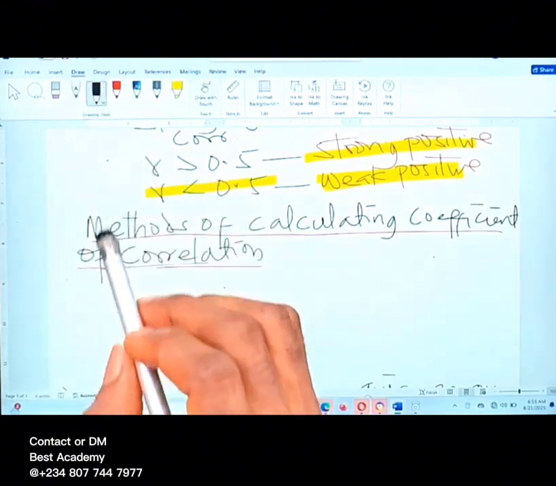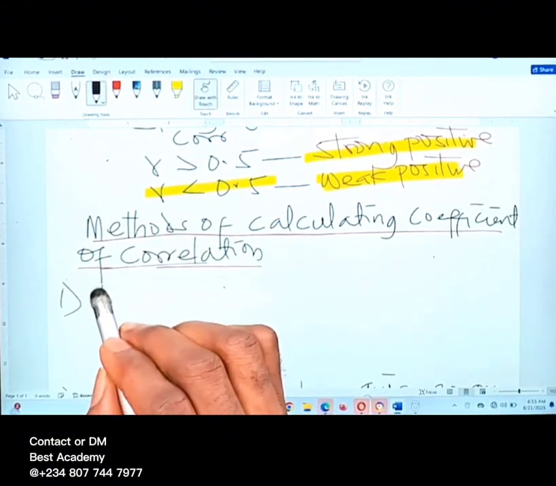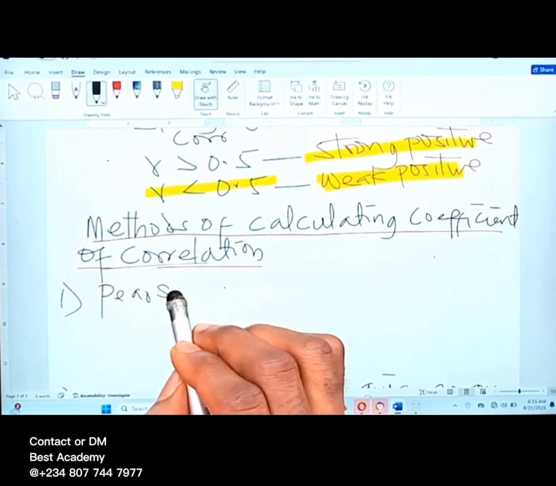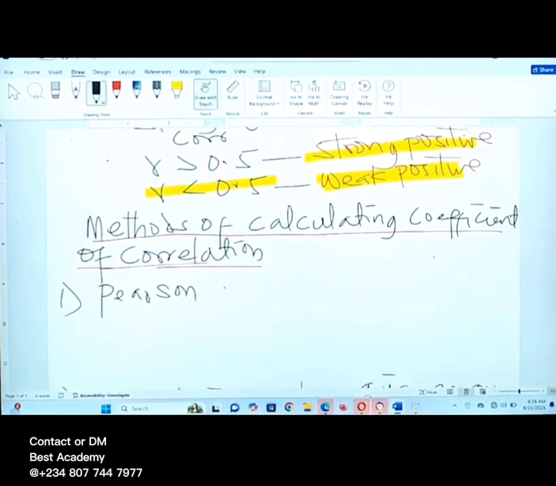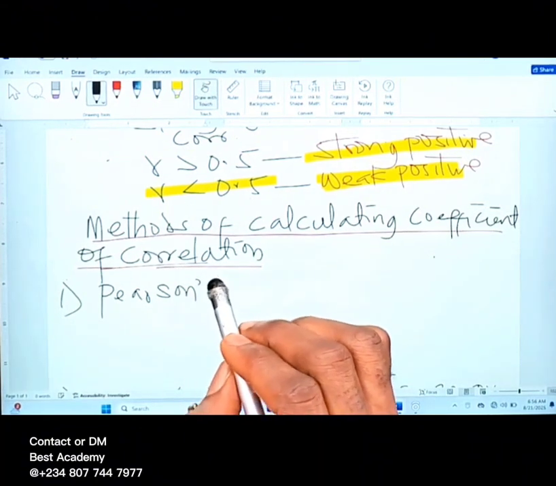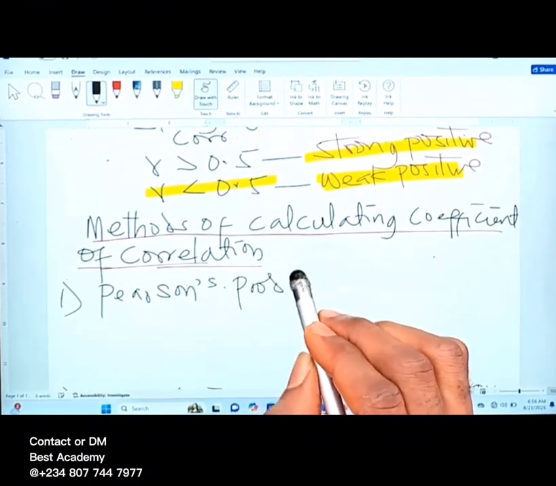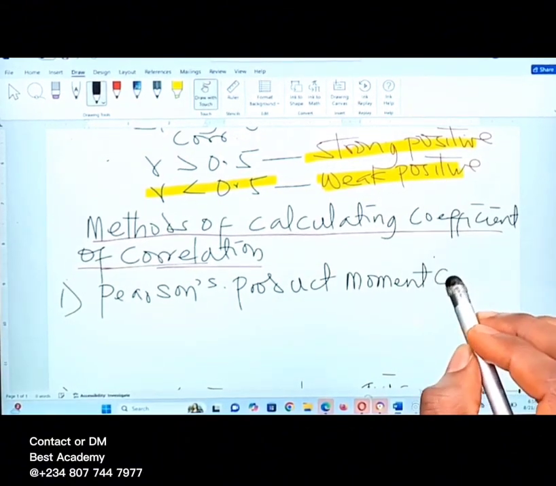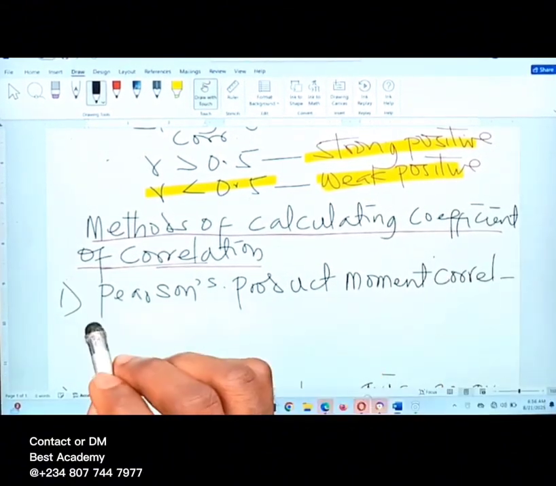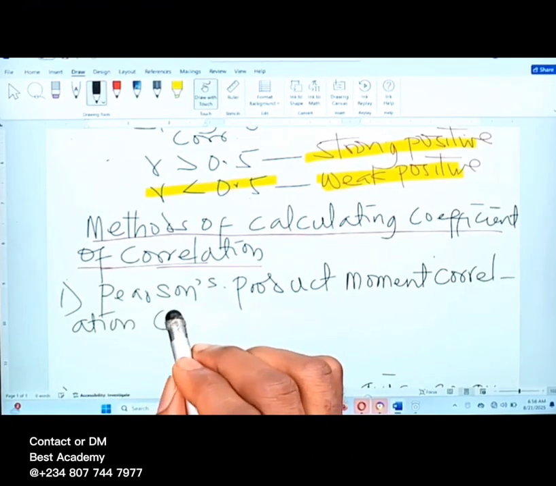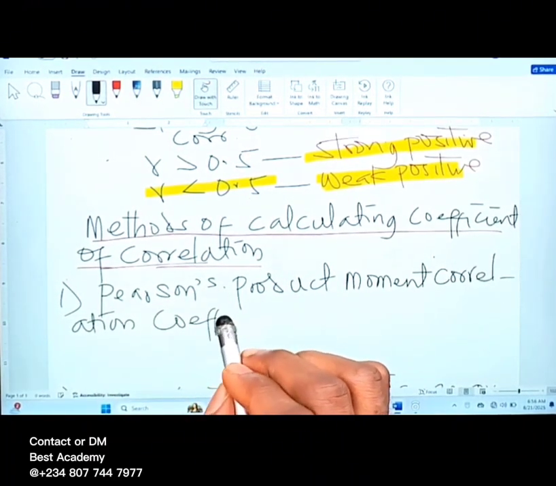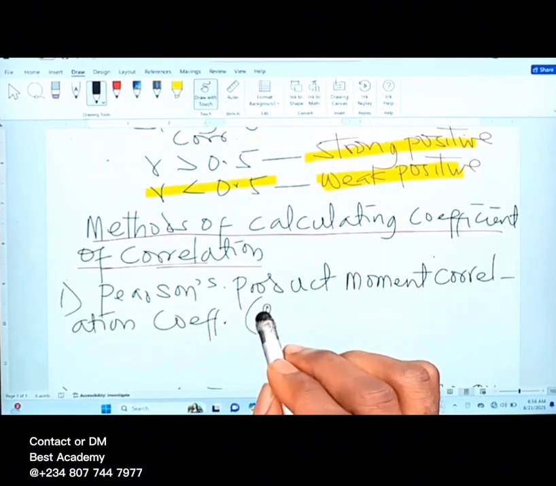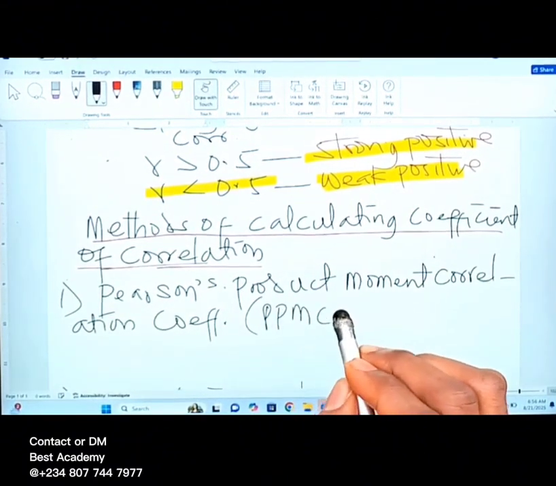Let's get the first method, class. We say Pearson product moment correlation coefficient, in brackets PPMCC. Please take note.